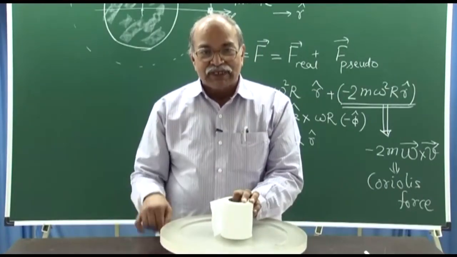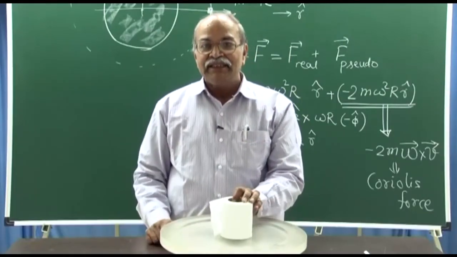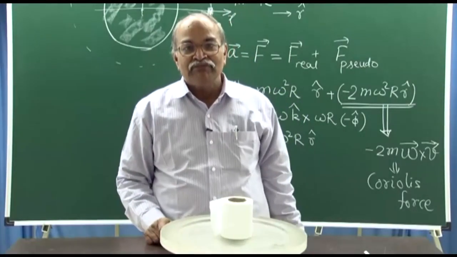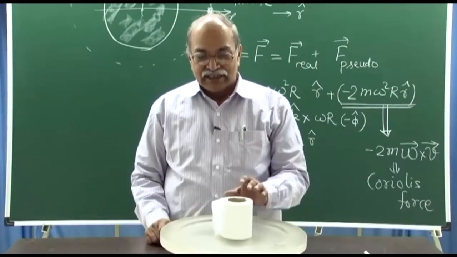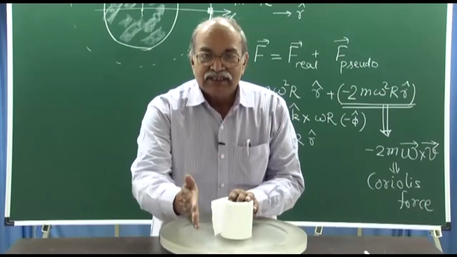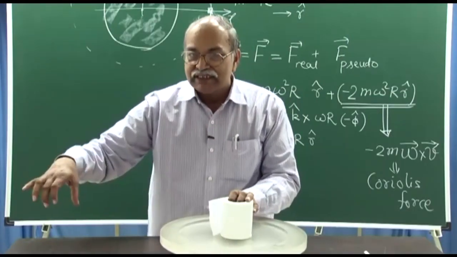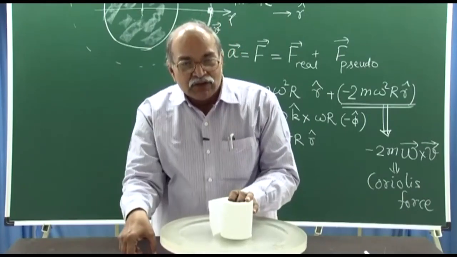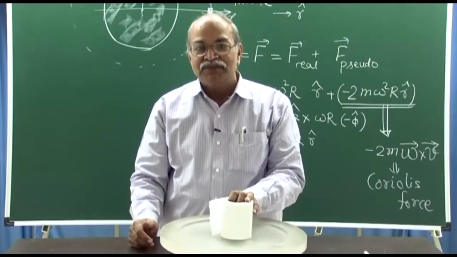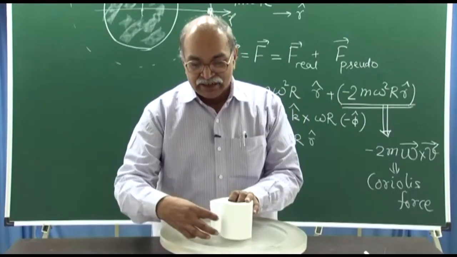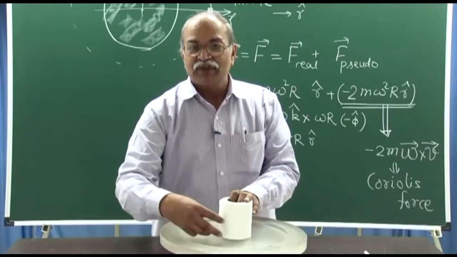Omega is there vertically downward because I am rotating it clockwise, and then again this minus 2m omega cross V Coriolis force acts, and that force is towards this direction. If radially outward velocity and angular velocity vector downward, work out what is minus omega cross V, it is in this direction. So, the force is like this and it does not open up.